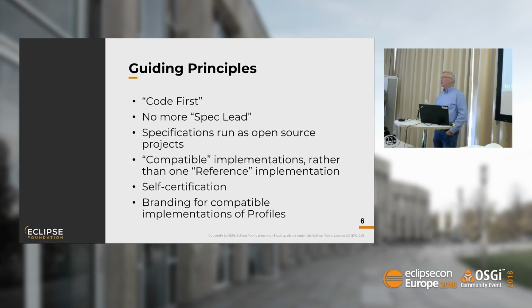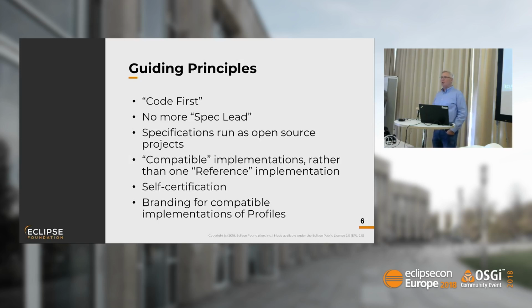Before something should be specified, there are two things that have to be done first. The first is you have to actually build something that demonstrates it can be built. There are all kinds of things you could write a specification for on a piece of paper that would be extremely difficult to build. So first, prove that you can solve a problem. The second thing is to demonstrate that anybody cares.